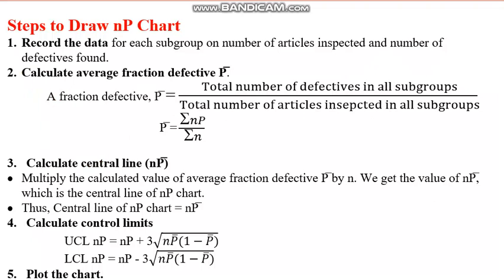And then directly calculate the average fraction defective P bar. Now P bar is total number of defectives in all subgroups upon total number of articles inspected in all subgroups.